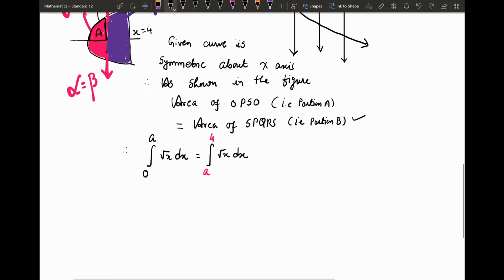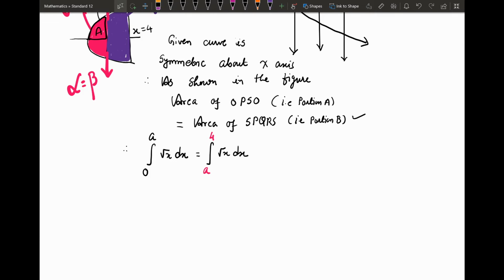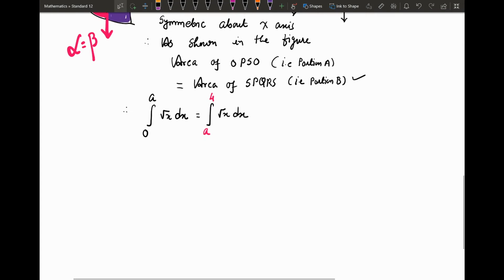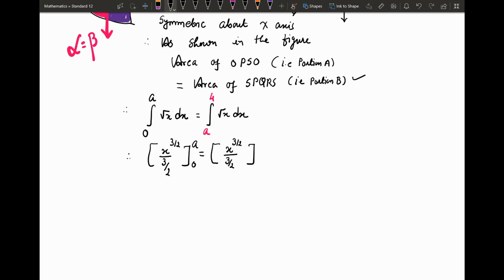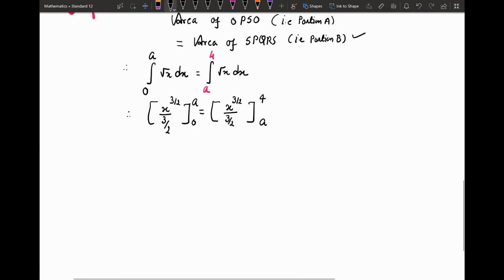Now we compare these two integrals and we will find unknown a. So here integration root x, x raised to 3 by 2 upon 3 by 2, limit 0 to a, equals x raised to 3 by 2 upon 3 by 2, a to 4. Now we can cancel this one. First put upper limit, so a raised to 3 by 2 minus lower limit 0, equals 4 raised to 3 by 2 minus, put x equal to lower limit, a raised to 3 by 2.